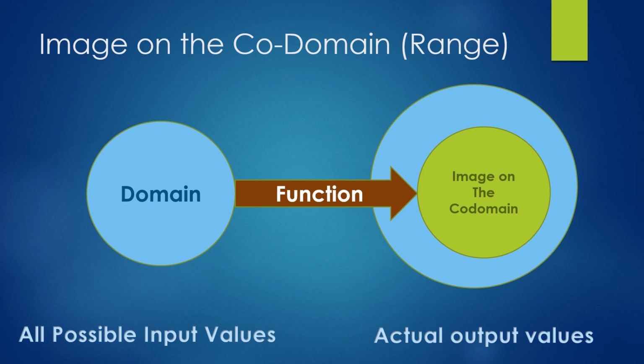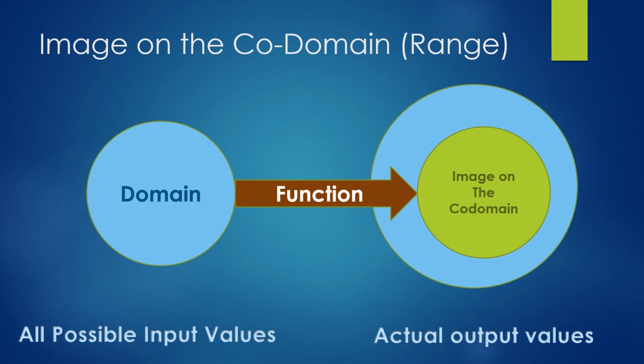When a function does not return all the possible values of its codomain, we call that the image on the codomain, or sometimes it's called the range, though the term range is sometimes confused with the codomain. There are functions where they are equivalent, the image or range and the codomain, and we'll talk about that in just a moment.